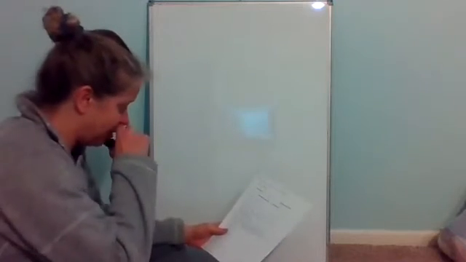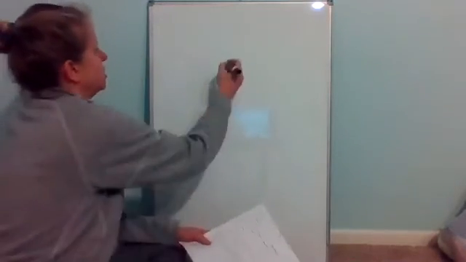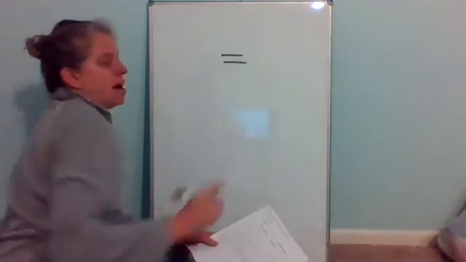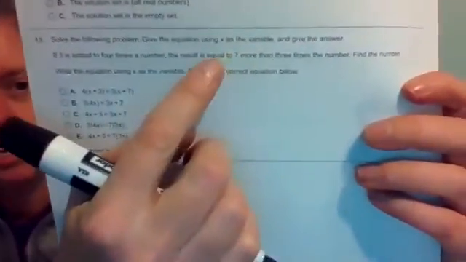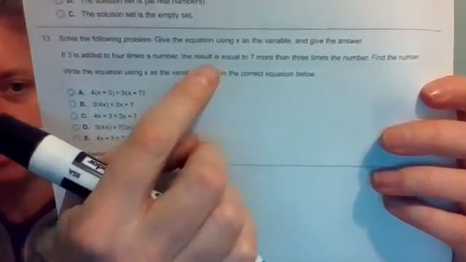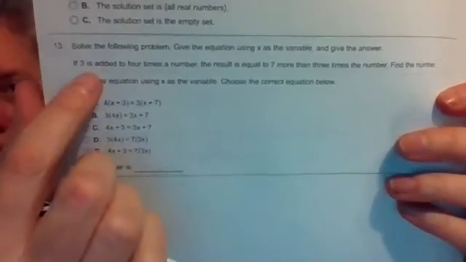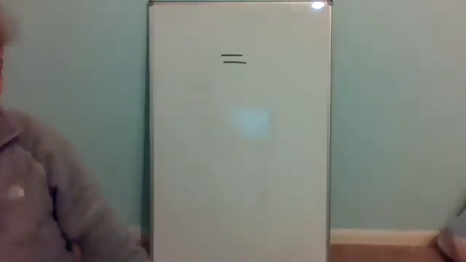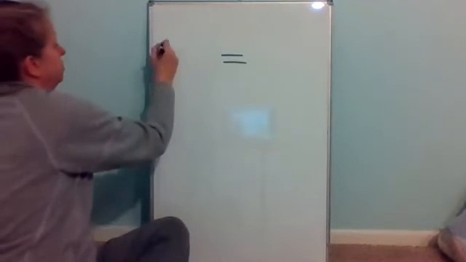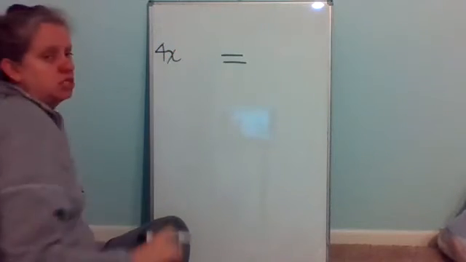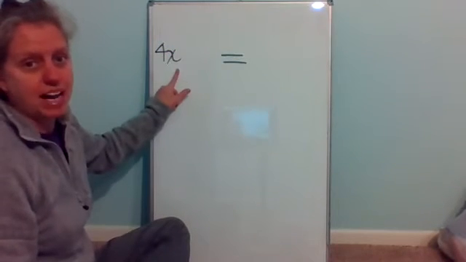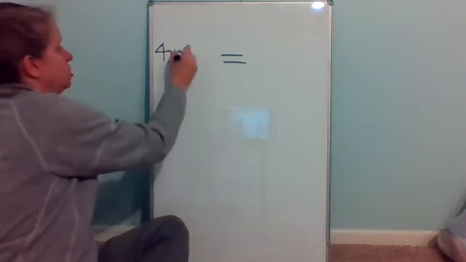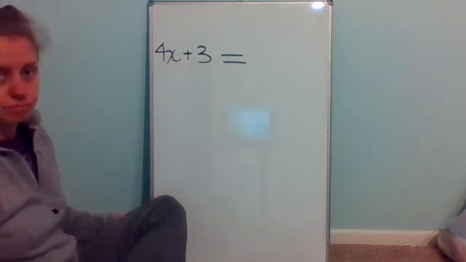If 3 is added to 4 times a number, the result is equal to. So there's going to be my equal sign. So let's see what's in front of is equal to. 3 is added to 4 times a number. So I would write the 4 times a number, which is the 4x. If I'm adding 3 to this, it will just add 3 to it.